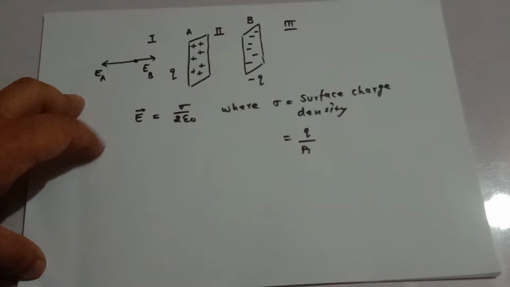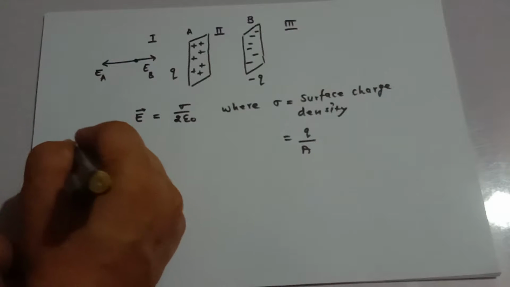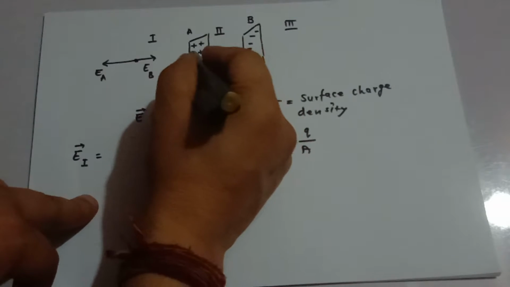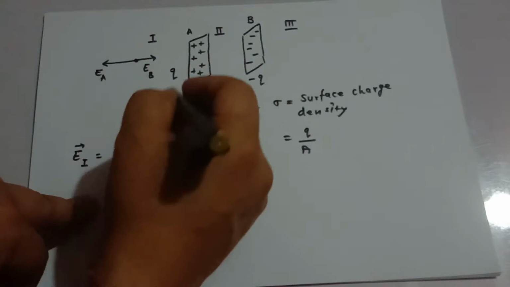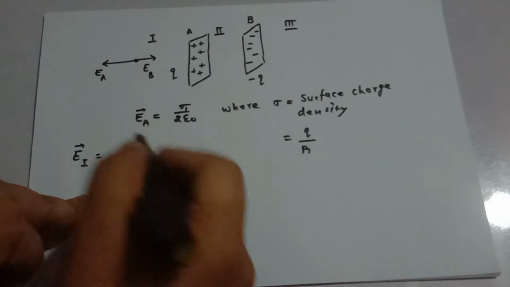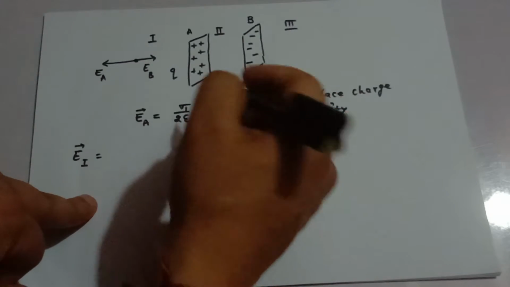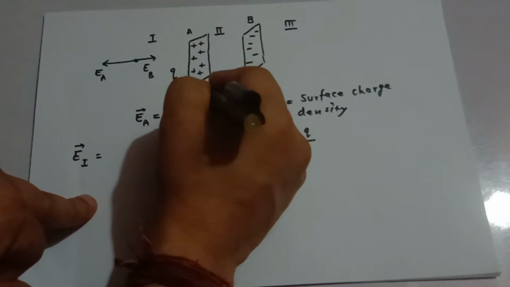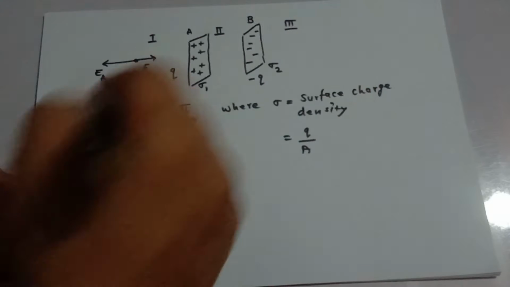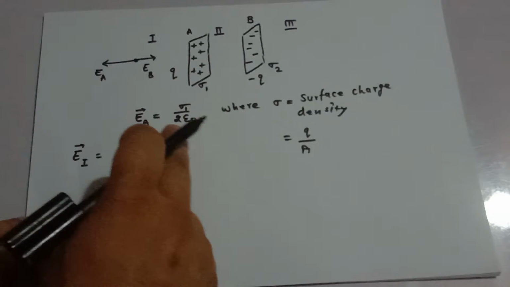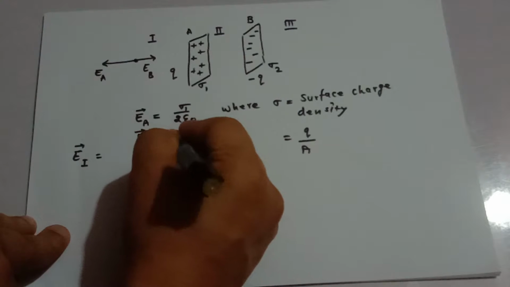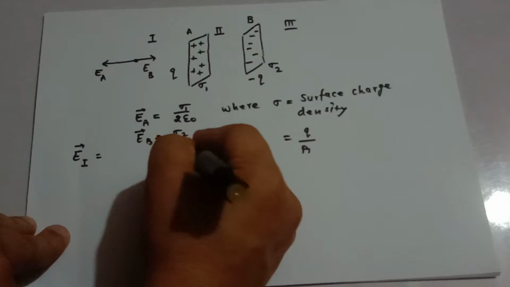Suppose the electric field of this particular A sheet is sigma 1 upon 2 epsilon naught, because I considered that the surface charge density of plate A is sigma 1 and the surface charge density for this particular sheet is suppose sigma 2. So the electric field because of plate B would be sigma 2 divided by 2 epsilon naught.